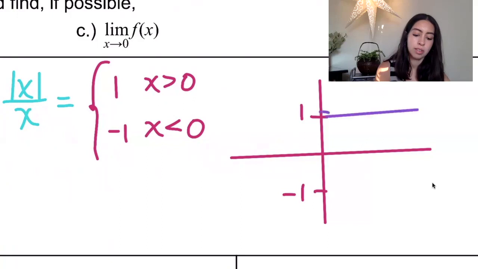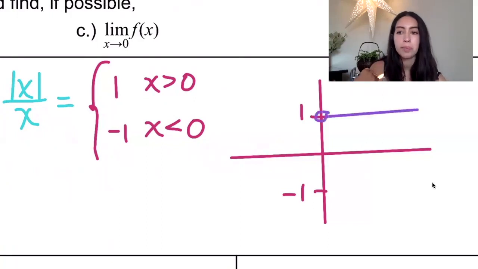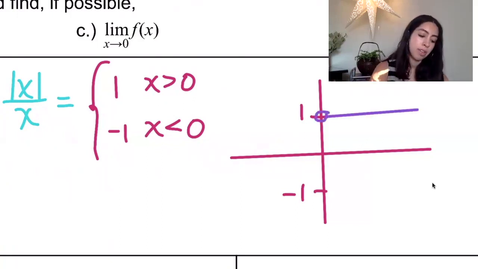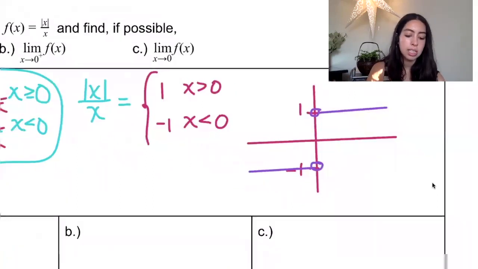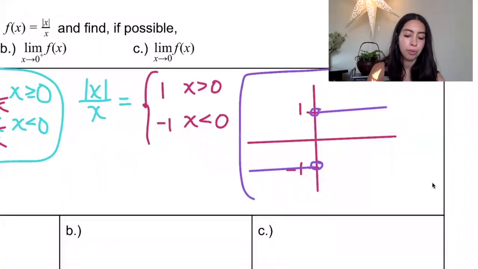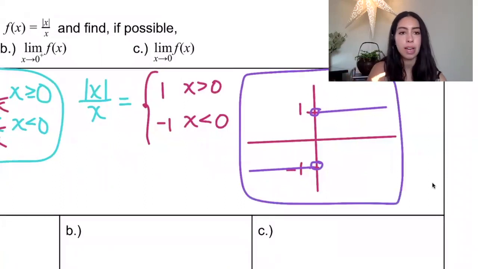A horizontal line that stops right there. And then for all the x's that are less than 0, a horizontal line along negative 1. So this is our graph of the absolute value of x divided by x. Okay, now we've got the graph.